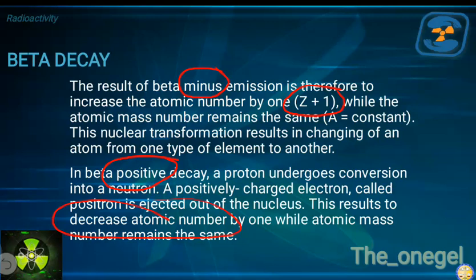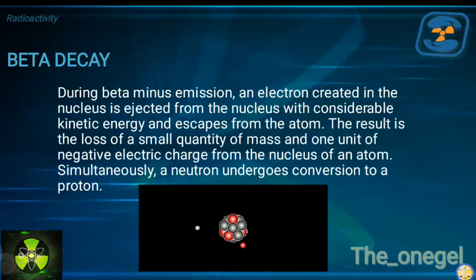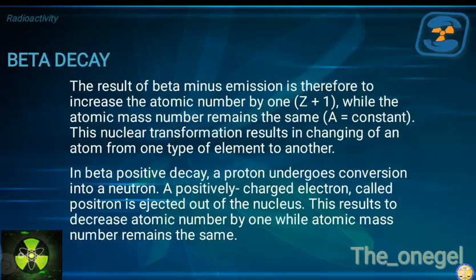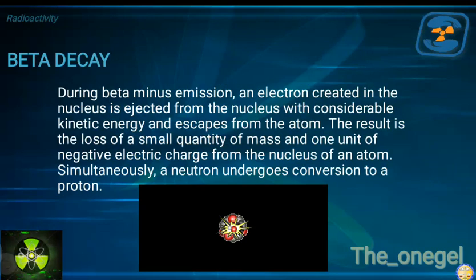Sige, unahin natin ang beta minus emission. Again, for example, we have here carbon. Let's say carbon 13. Carbon has, okay, so, tingnan natin ang periodic table of elements.